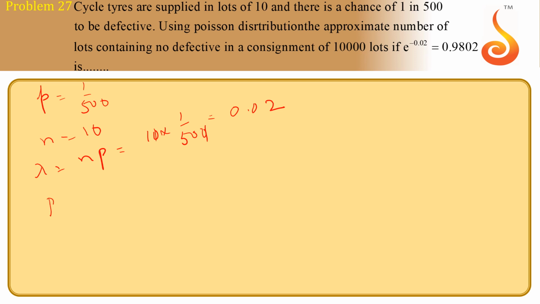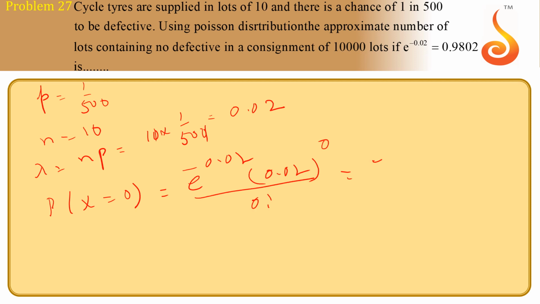Then what is the probability of x equal to 0? No defective in a consignment. So first you calculate in one lot. So e to the power of minus lambda into lambda to the power of 0 by 0 factorial, which is e to the power of minus 0.02.